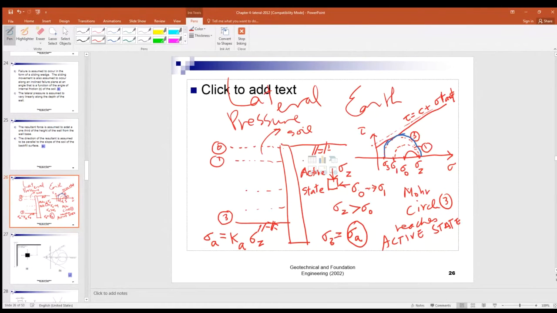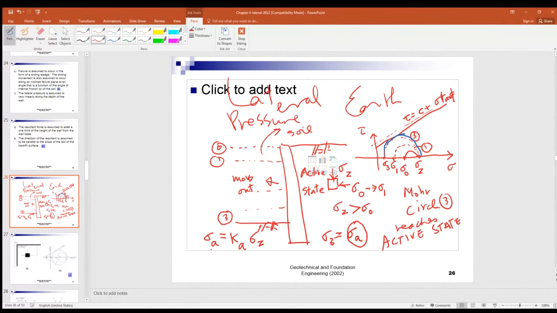Okay, and the retaining wall is going to move out. Whenever the retaining wall is moving out into the excavation site, that retaining wall is in an active state.